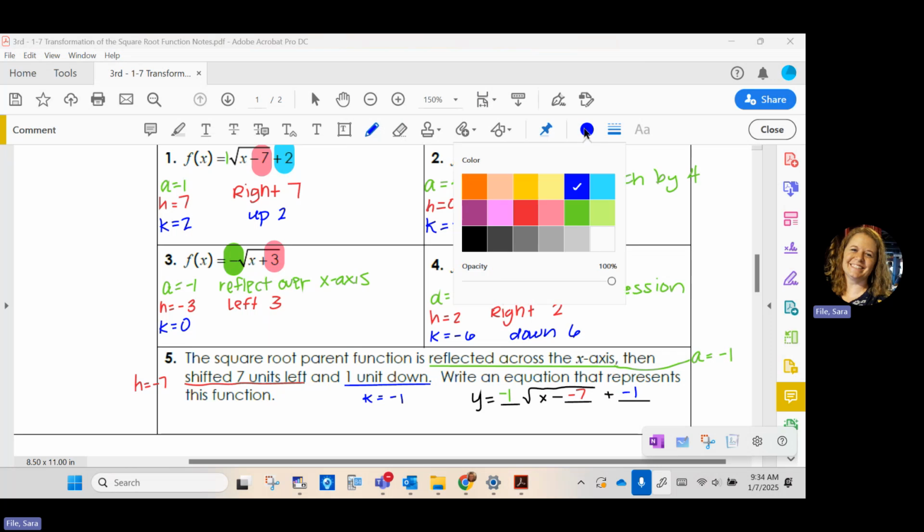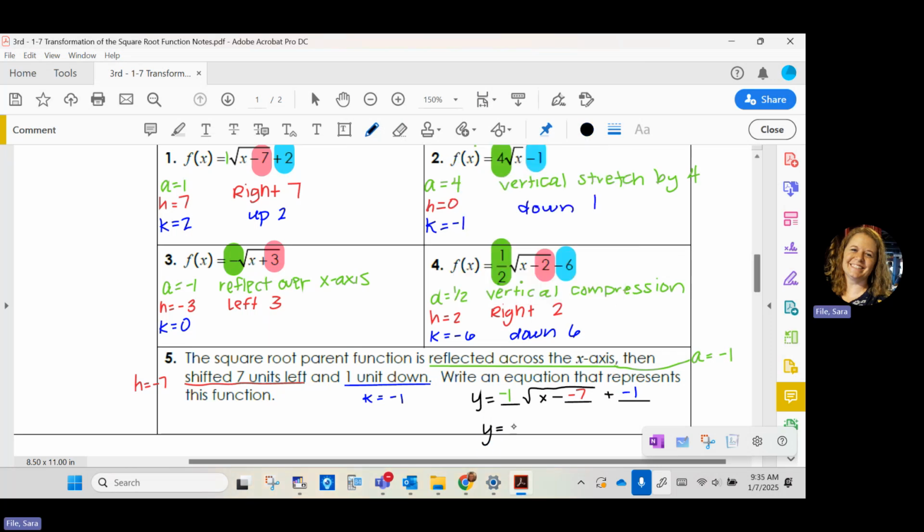When I simplify, I don't need the 1 there, I can just have the negative. Now, what happens when you have minus a negative here? Yeah, so that's going to be x plus 7 under the radical. And then plus -1, I'm just going to write as -1. So that would be my equation given that information.